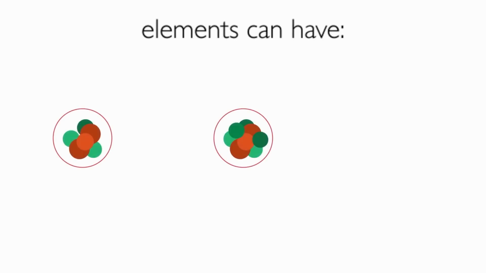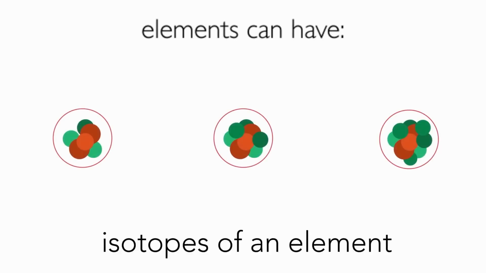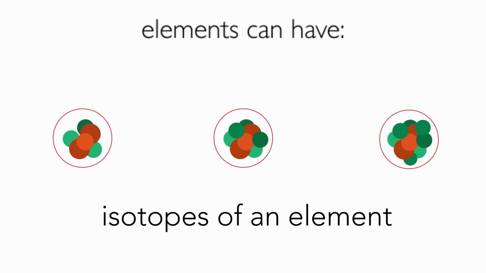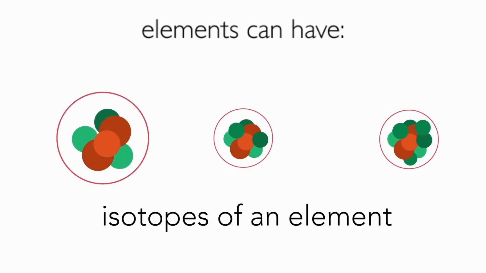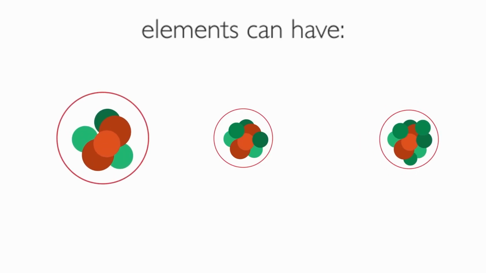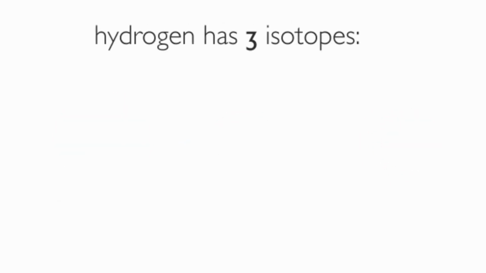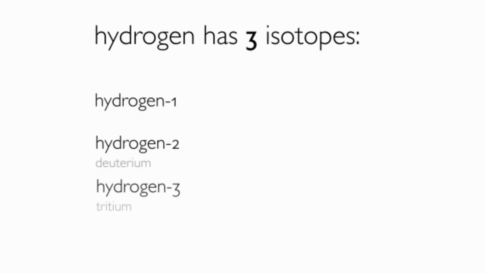Elements can exist with slightly different numbers of neutrons, and we call these isotopes of an element. It is particularly common for heavier elements where a lot of neutrons are required to hold the nucleus together, but smaller and lighter examples include the isotopes of hydrogen. Hydrogen-1, hydrogen-2, also called deuterium, and hydrogen-3, also known as tritium, are the three isotopes of hydrogen.